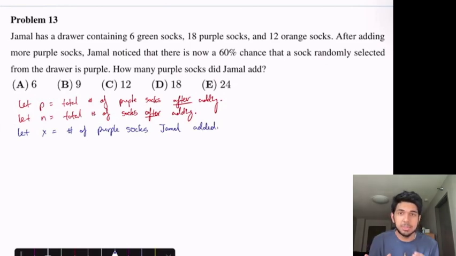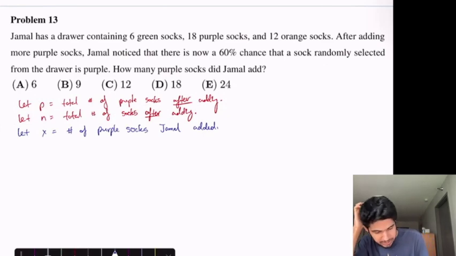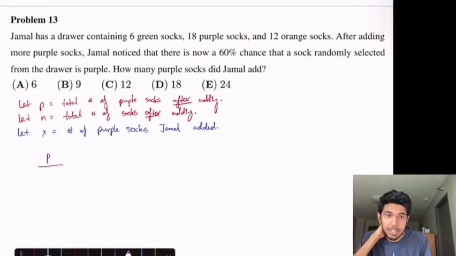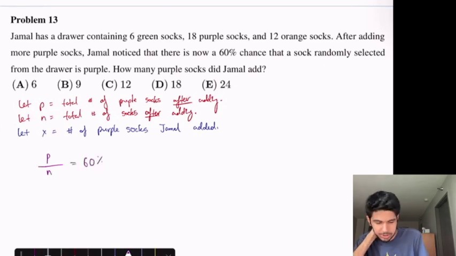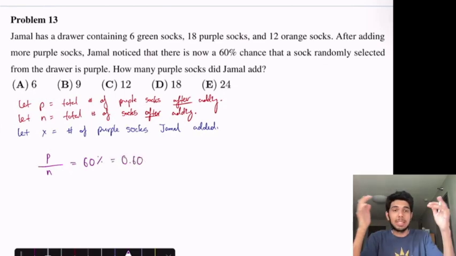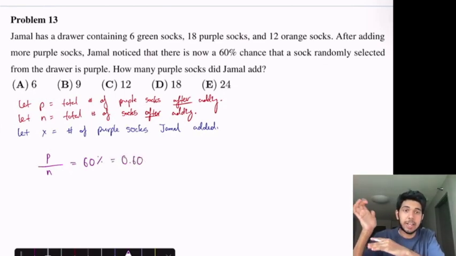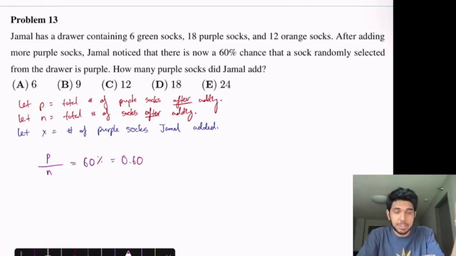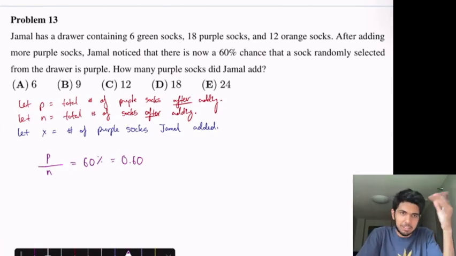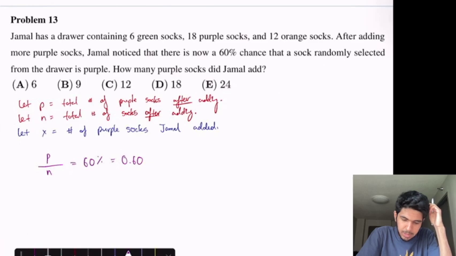We wanted 60% of the total socks to be purple. So if we take the total number of purple socks and divide it by the total amount of socks, we should get 60%, or alternatively, 0.60. Notice I'm using P and n because these are the socks after he adds the socks, which is when we have that 60% chance.